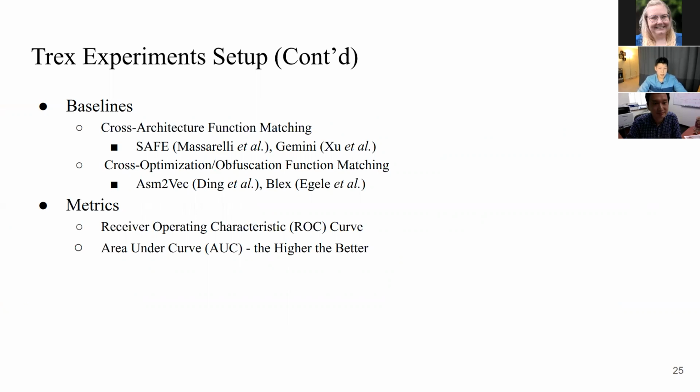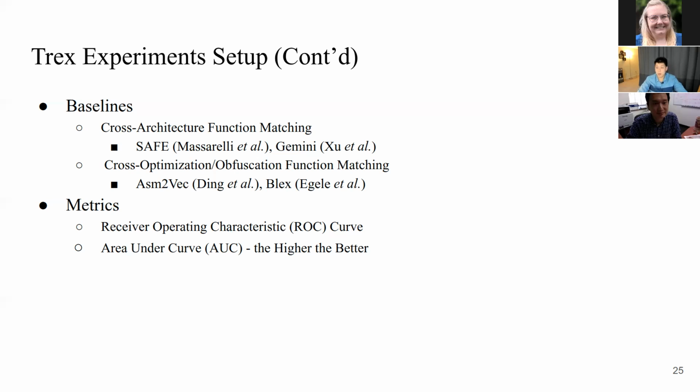And as the cosine similarity between two function embeddings can be an arbitrary real value between -1 and +1, there has to be a mechanism to threshold the similarity score to determine whether the function pairs are similar or dissimilar.